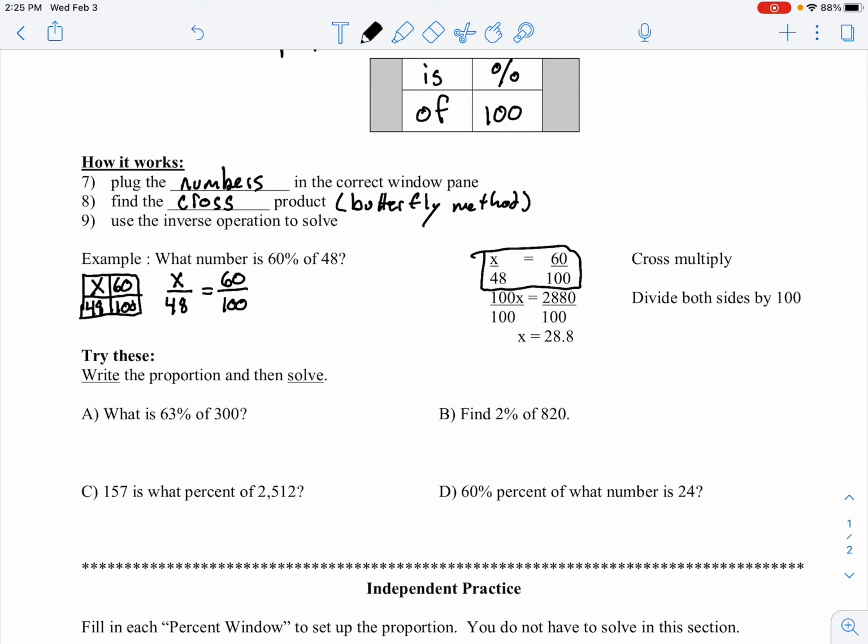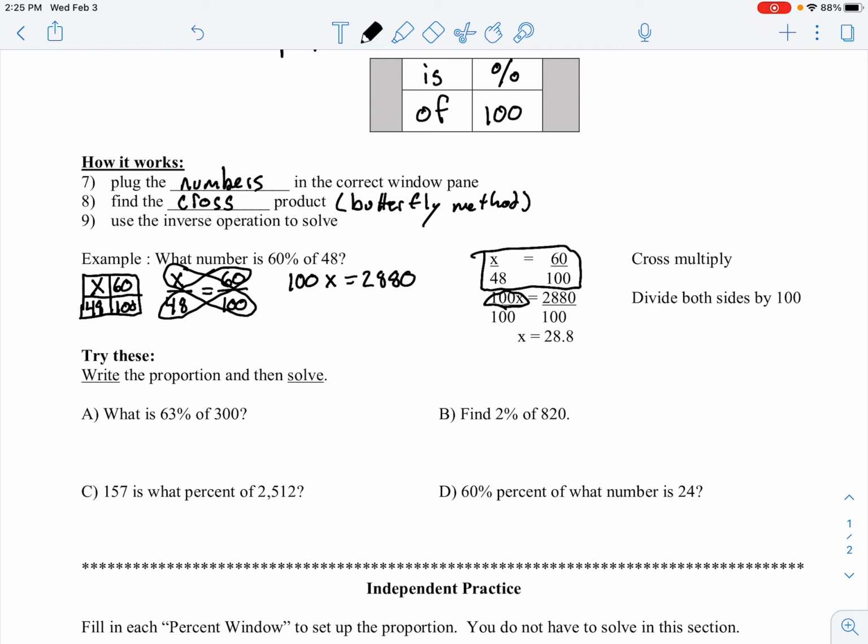Alright, even though it shows it here, we're going to do it all together. Remember that butterfly method, we're going to cross multiply. So 100x, just like they got here, is equal to 60 times 48, which I'm just going to take from the window here, 2,880.